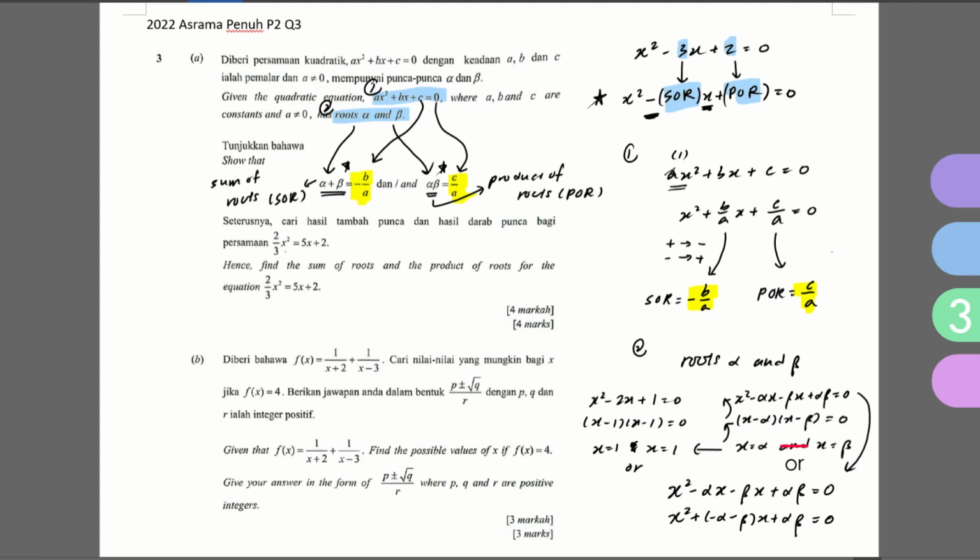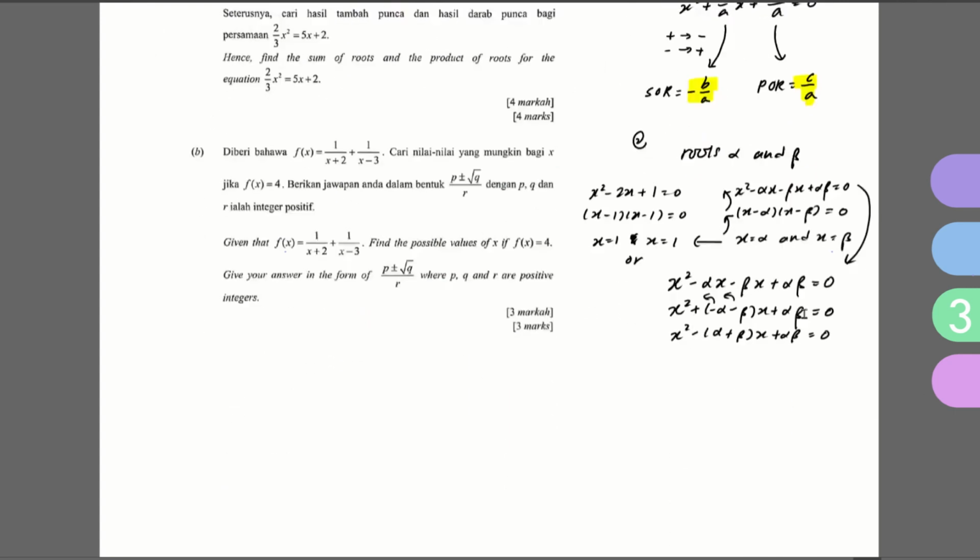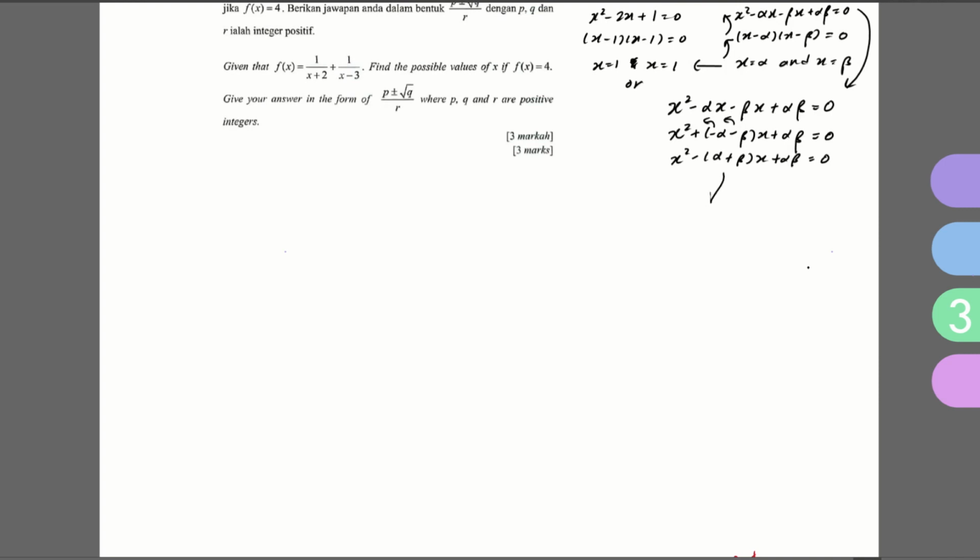You can observe at the top right corner here. So we need to pull out the negative for both alpha and beta. Now you can see that our SOR is here. Again, from negative to positive, positive to negative. So our SOR here is alpha plus beta. And here our POR is alpha beta.